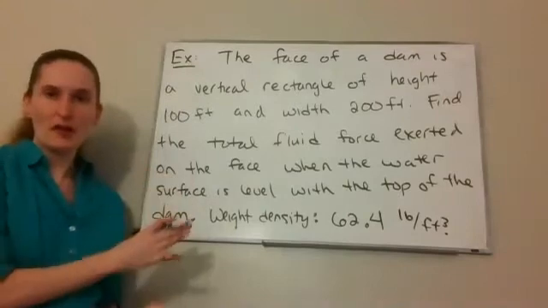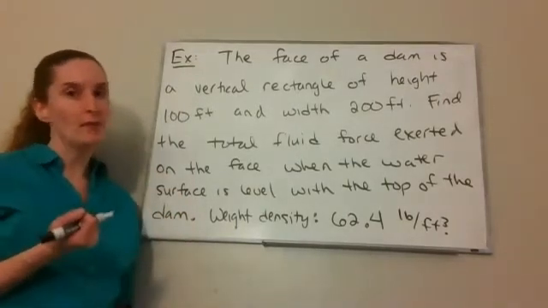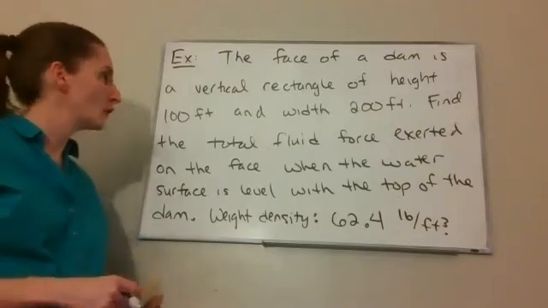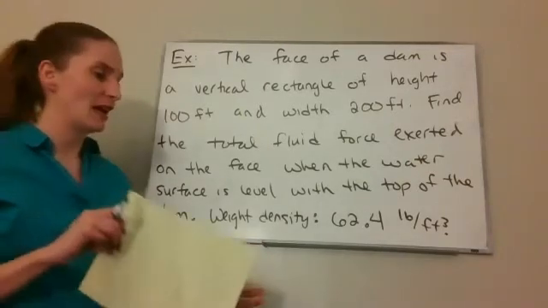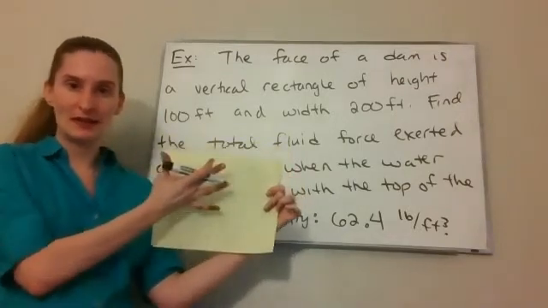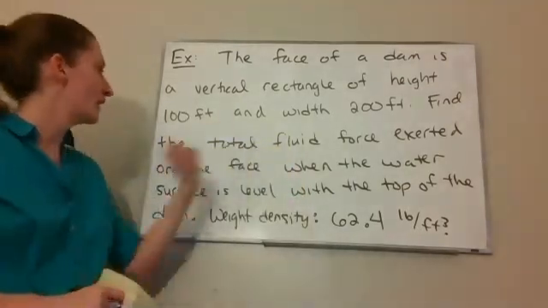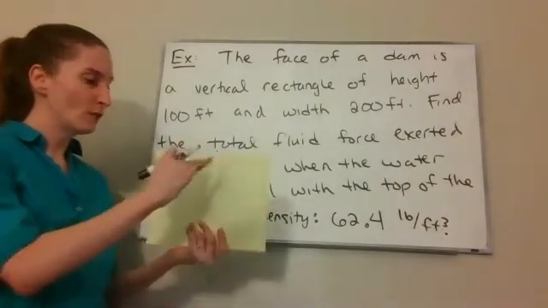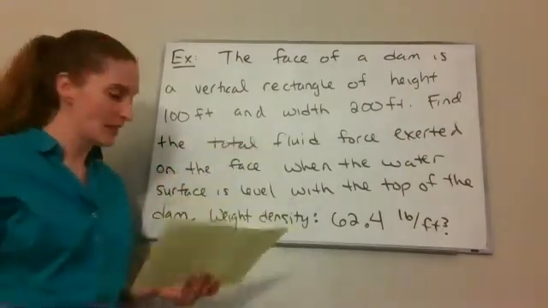So I'm going to let you look at that for a second. We're going to draw a picture representing the face of this dam. So it being a vertical rectangle just means that we have the dam sitting vertically like this, and we have water coming against it. And we're trying to find that total force exerted by this water when the water meets all the way to the top of the dam.